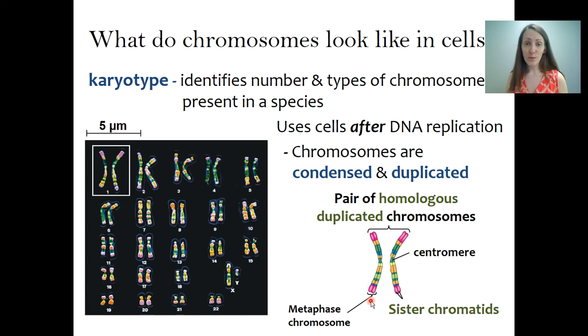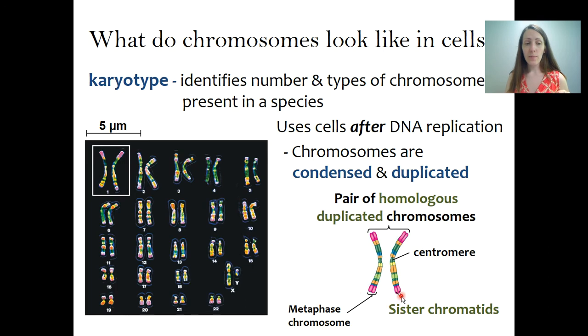A duplicated chromosome is composed of two chromatids. Okay, so the line versus the X, what a chromosome looks like depends on where you are in the cell cycle. So this whole thing together is a pair of homologous duplicated chromosomes.